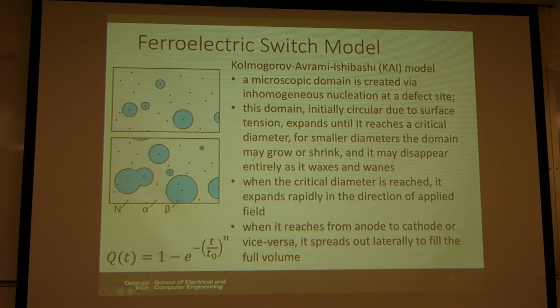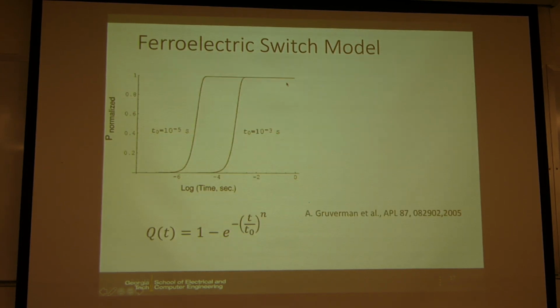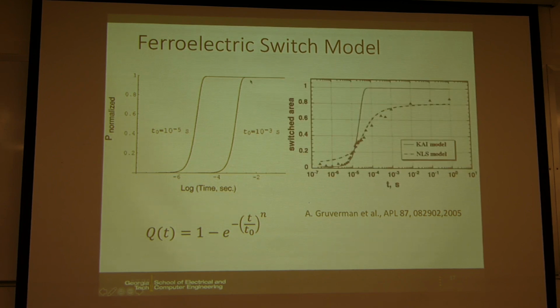This text just describes what I have described with nucleation and growth. If you plot this, you can see that it always reaches 1. But if you compare this model with the experimental data, you can see that for t less than 10 to the 5th second, the model fits the data pretty well.